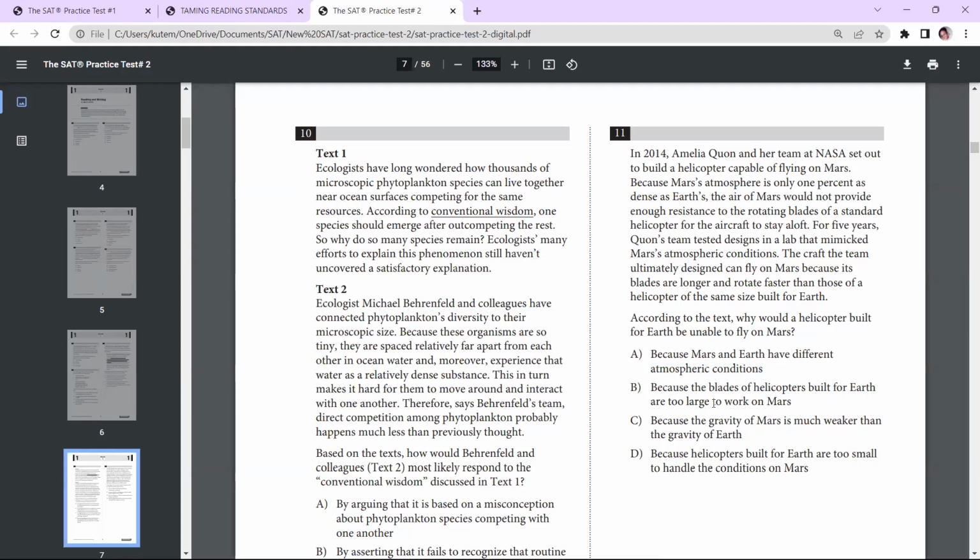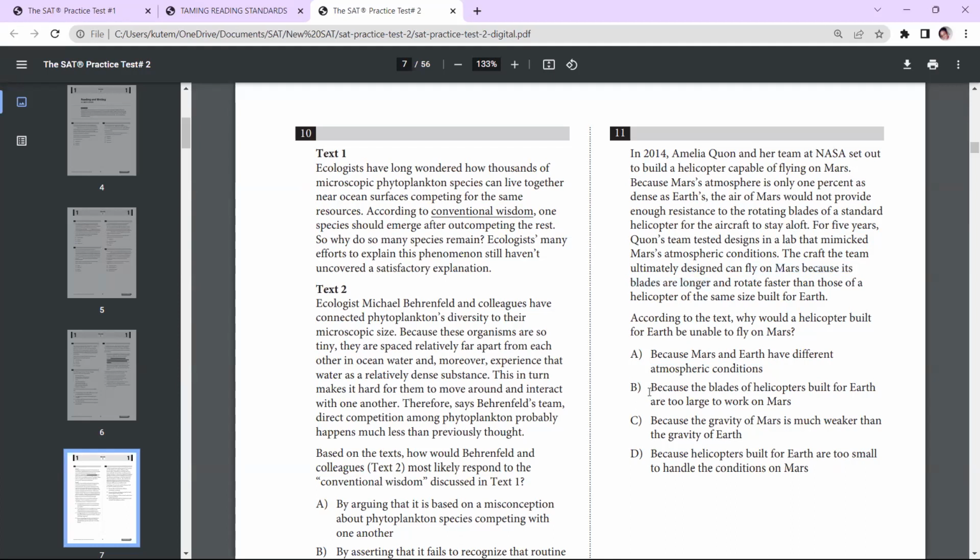Okay, so let's look at B. What's wrong about B is that it gives the wrong information, right? It says because the blades of helicopters built for Earth are too large. But we see in the passage that the craft can fly on Mars because its blades are longer and rotate faster. So this part says Mars is the place that needs longer blades, not Earth.